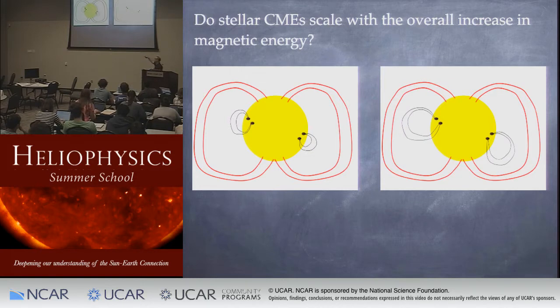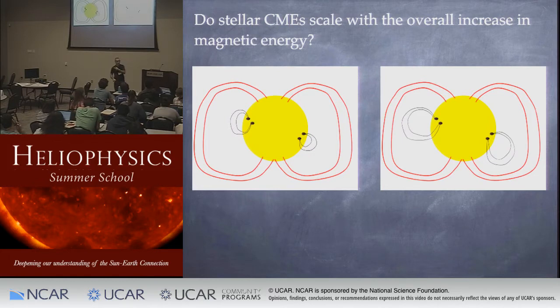Now the question is, if we boost the overall field, which is these red lines, a lot, do the CMEs and the active regions scale accordingly? Or do the active regions still appear with the same kind of size and magnitude of magnetic field as in the sun, even though the overall field is much stronger?